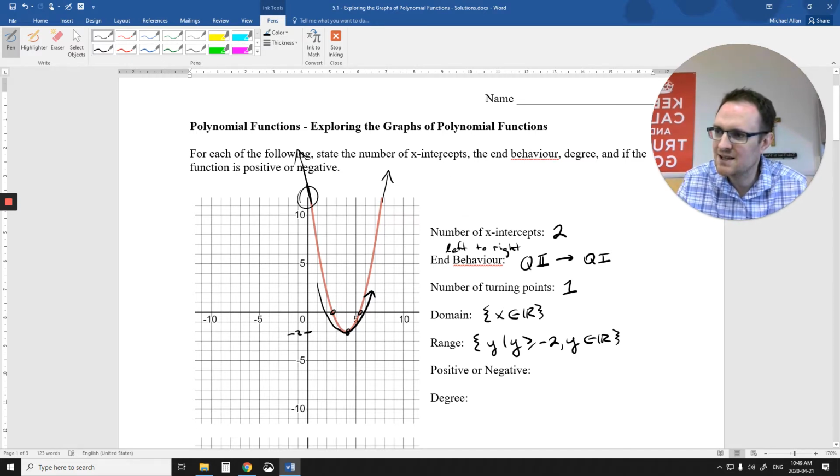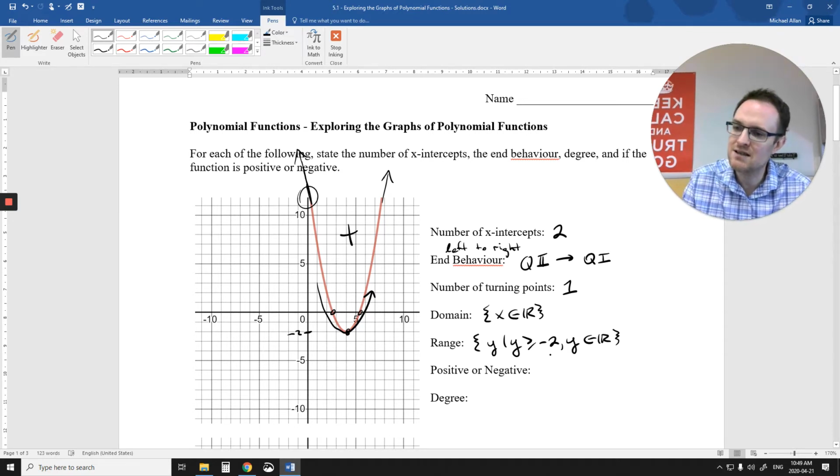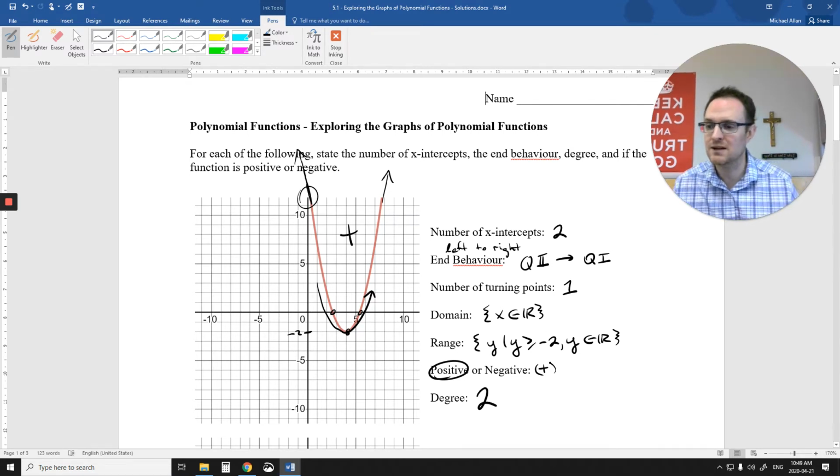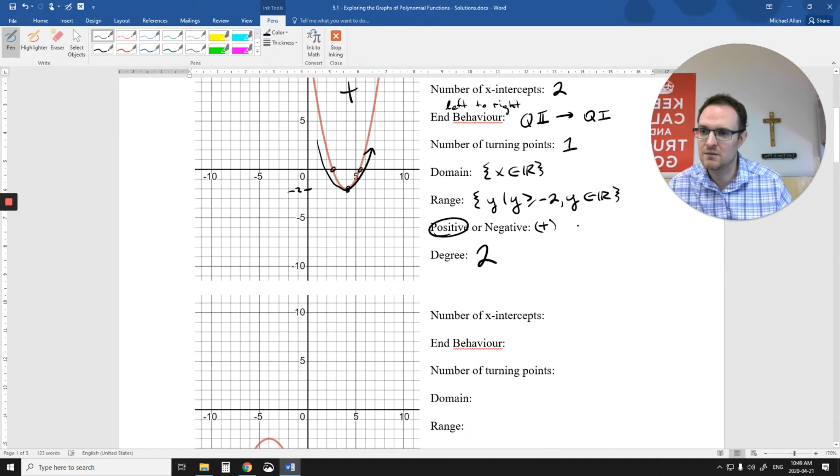Part of this is, is it a positive function? Now, because it's opening upwards, it's got like a smile face to it. This is a positive function. Okay. And the degree of this, because it is a quadratic, this is going to be a degree of 2. And you can see it has 2 x-intercepts. Kind of gives it a little bit away, but the turning points as well gives it a little bit away.